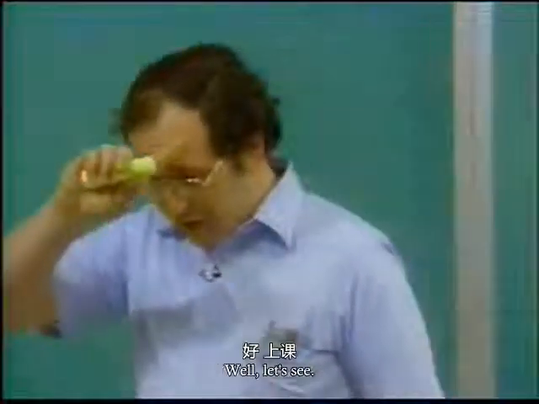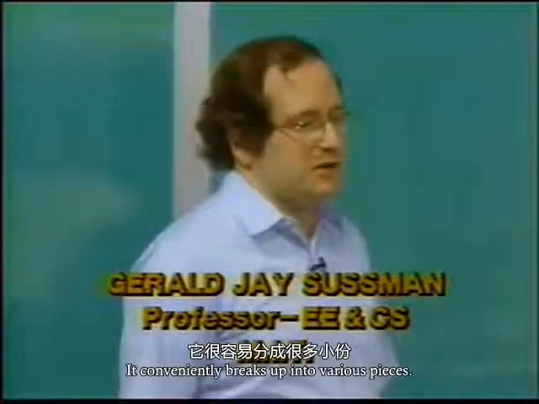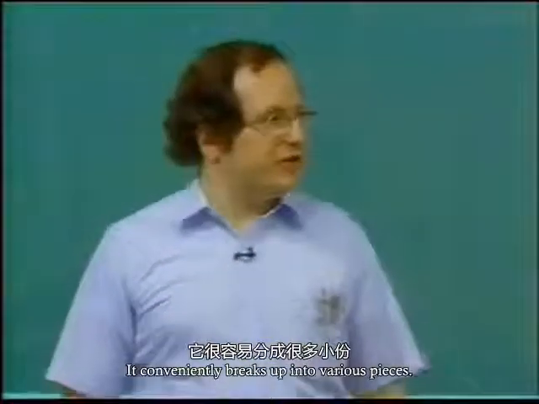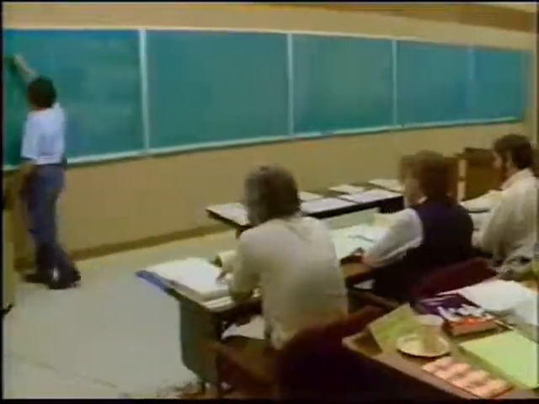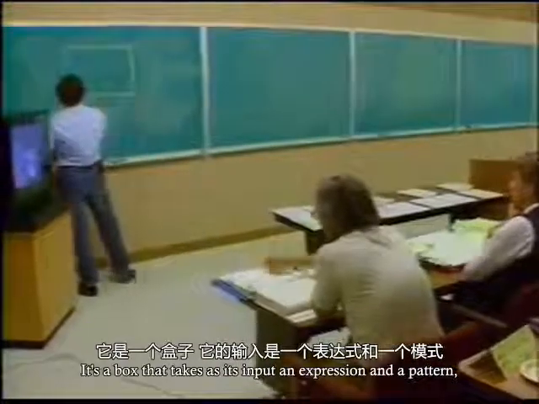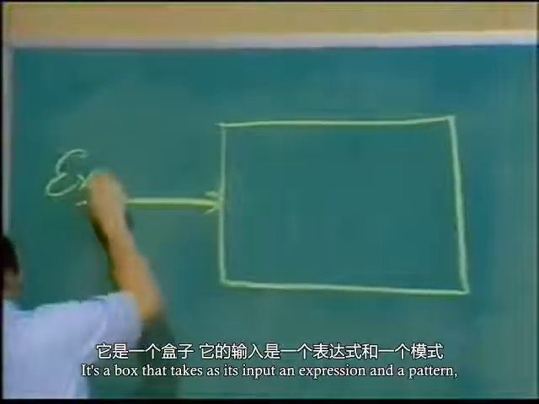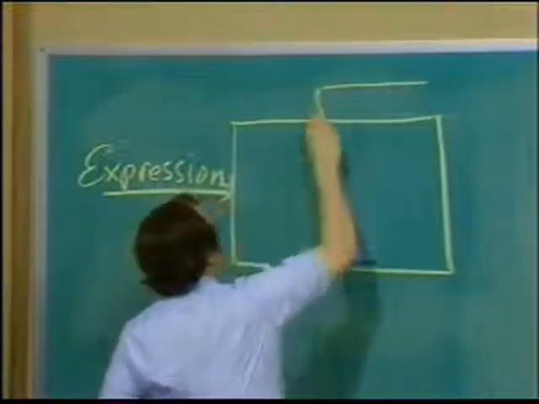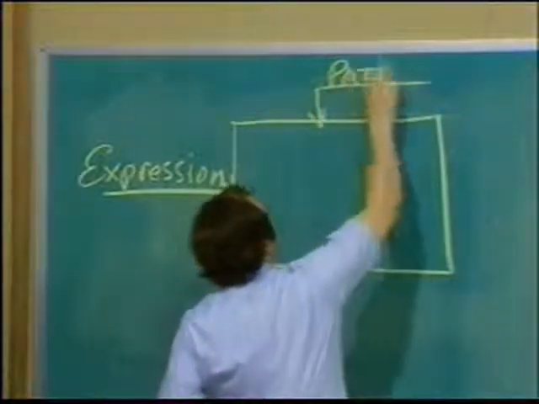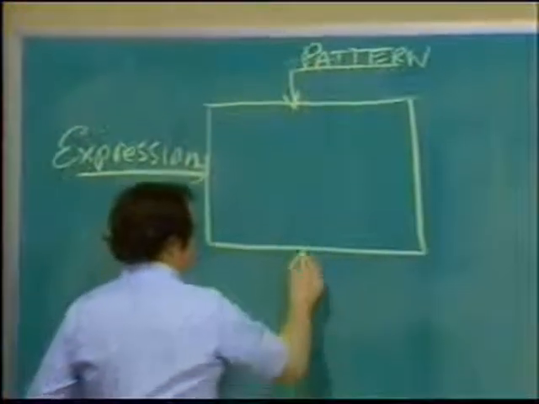Well, let's see. Now we have to tell you how it works. And it conveniently breaks up into various pieces. I'd like to look now at the matcher. The matcher has the following basic structure. It's a box that takes as its input an expression and a pattern and a dictionary.